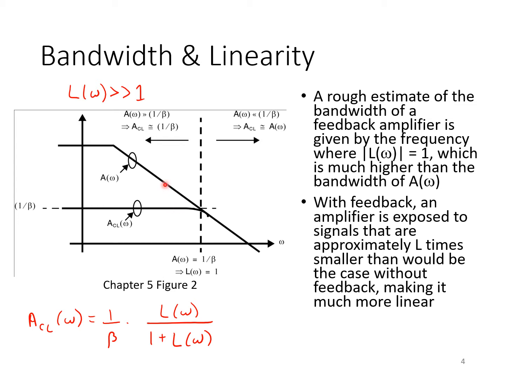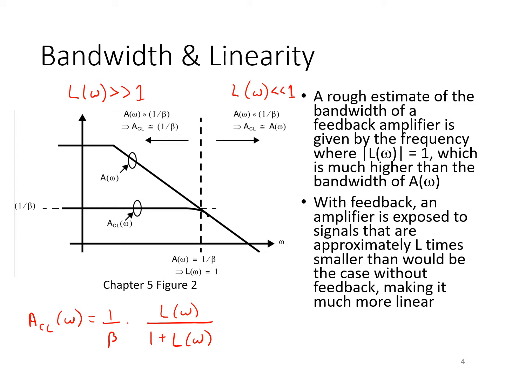Then, with this monotonically decreasing A and L with frequency, at some point, L is going to equal 1. This is the so-called unity gain frequency of the feedback amplifier. And at frequencies beyond that, we're going to see L much less than unity.